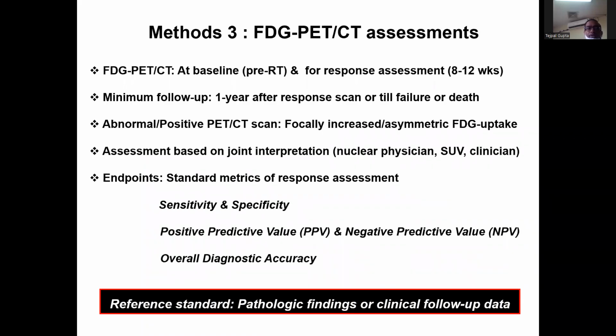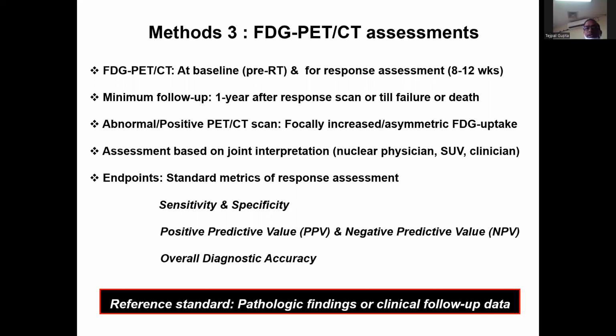The FDG PET was done for all these patients at baseline, prior to radiotherapy, and then at response assessment. In the protocol, we had put 8 to 12 weeks after completion of chemoradiotherapy. The minimum follow-up of all these patients was at least 1 year after the response assessment scan or till failure or death.